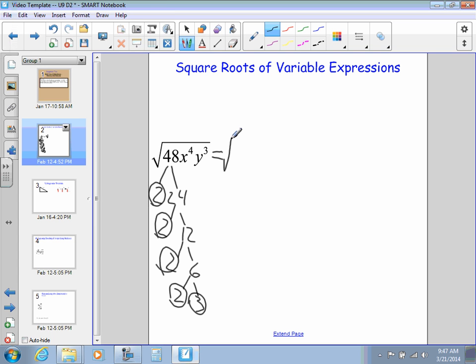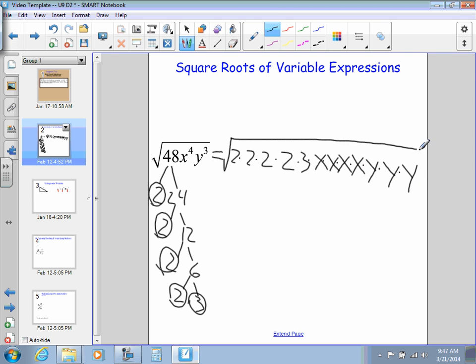And we've got 2 times 2 times 2 times 2, 4 2's, times 3, and then we have x times x times x times x, and then times y times y times y. And all of that is in my square root.